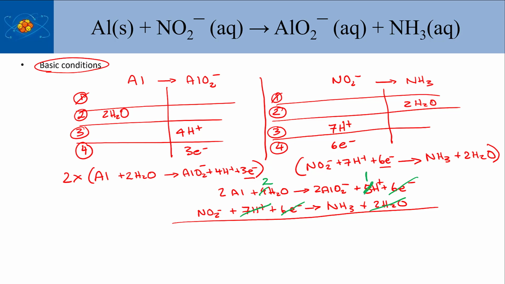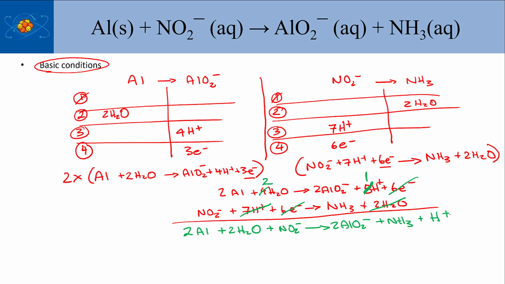Now I've gotten rid of all my extras, so I have 2 aluminum plus 2H2O plus NO2 minus makes 2AlO2 minus plus NH3 plus 1H plus.